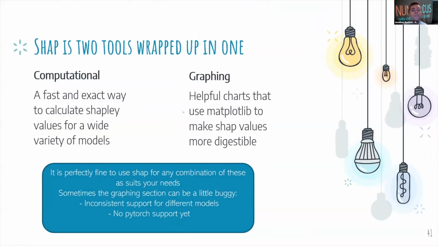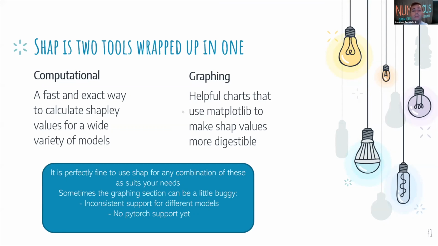Okay. Other thing too, it's important to think of SHAP as basically being two things. Its core technology is its ability to calculate Shapley values quickly and efficiently. That's when you load in the model explainer. It also has graphing utilities built on top of it.